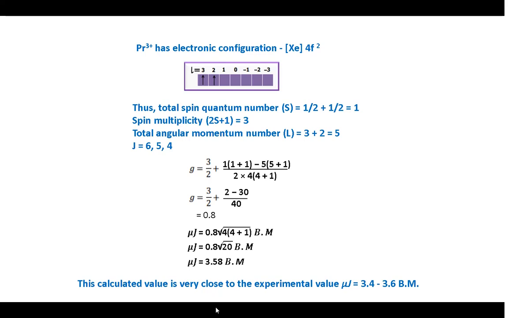Now, calculate μJ. μJ is equal to 0.8 √(4(4+1)) Bohr magneton. On calculating, μJ is equal to 3.58 Bohr magneton. This calculated value is very close to the experimental value of μJ, which is equal to 3.4 to 3.6 Bohr magneton.